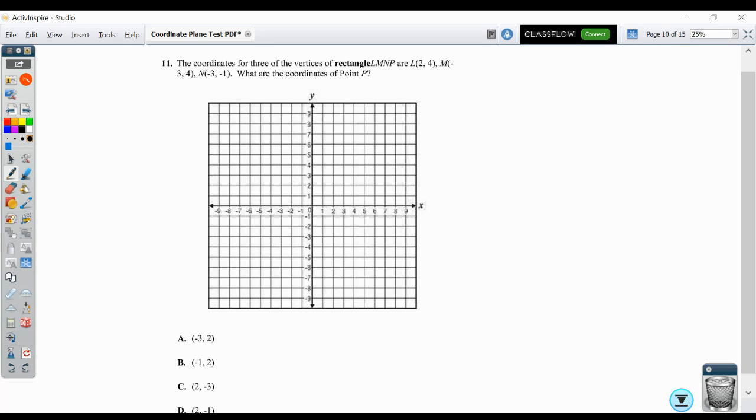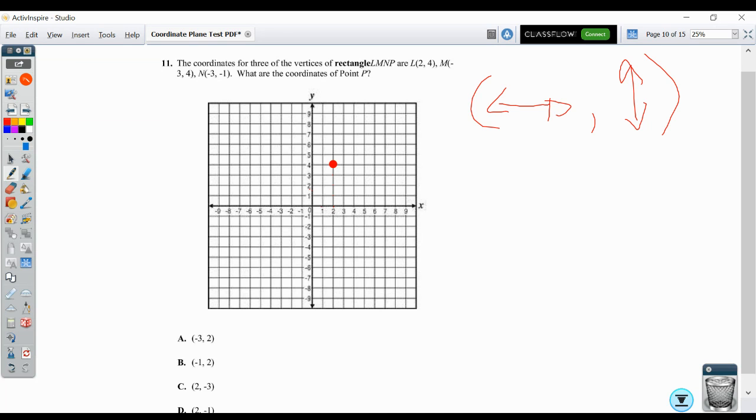If I take L as 1, 2, and then, sorry, my bad, I did that wrong. First we go side to side, then we go up and down. So L is 1, 2, and then 1, 2, 3, 4. So if I were to draw that, this would be right there.